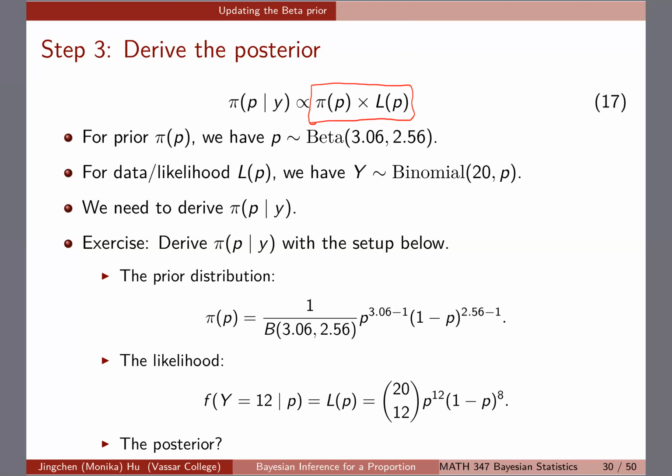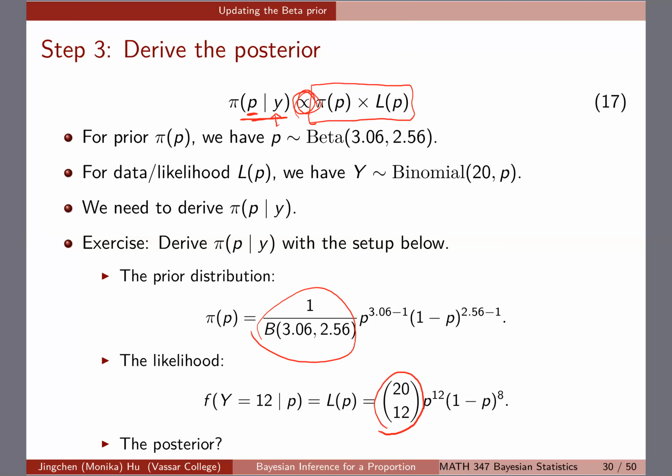I'm going to pause here for a couple of minutes. One more thing: we're putting a proportional sign here, and on the left-hand side, notice that the data is being conditioned. Whatever is being conditioned is considered known, so you don't have to worry about it. The only unknown is p. In the prior there is just one constant over here, and in the likelihood the 20 choose 12 is also a constant.